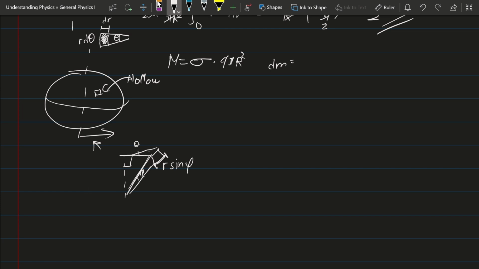So anyways, this is r sine phi, while this length here is going to be r d phi. No, sorry, this r sine phi d theta. So the total area will be r squared sine phi d phi d theta.